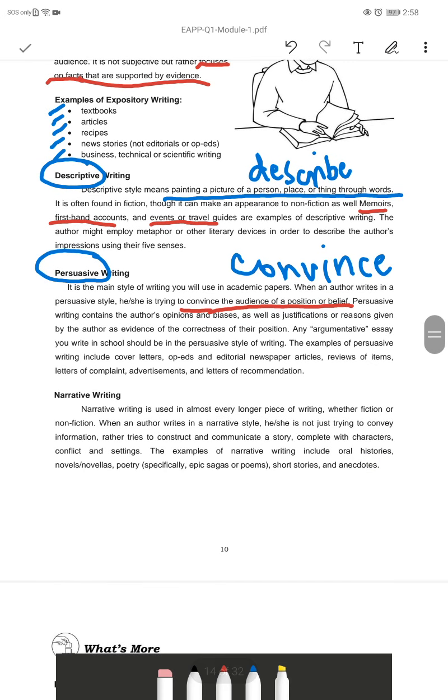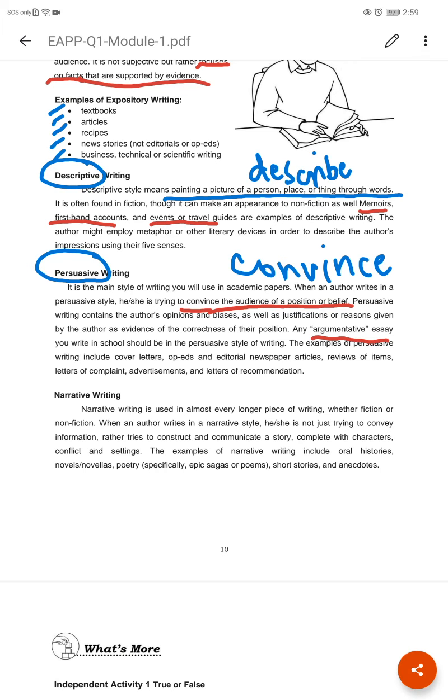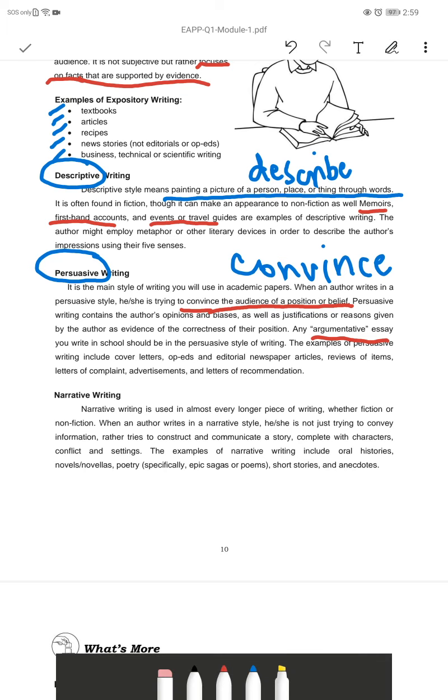Also, it is said here that persuasive writing is also called argumentative essay because you argue with your readers. You try to make them believe what you are saying. And the most common examples of persuasive writings are cover letters, op-eds, editorial newspapers.